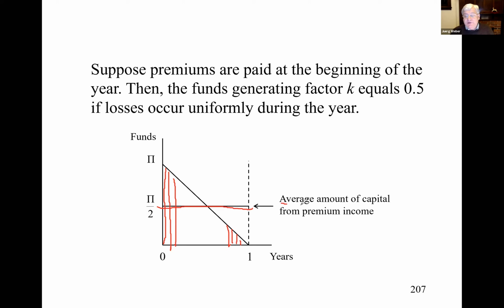That's the average amount of capital from the premium income if the insurance claims occur uniformly during the year. If you have this nice straight line here. So the funds generating factor here is 1/2. K is 1/2. You multiply with K.